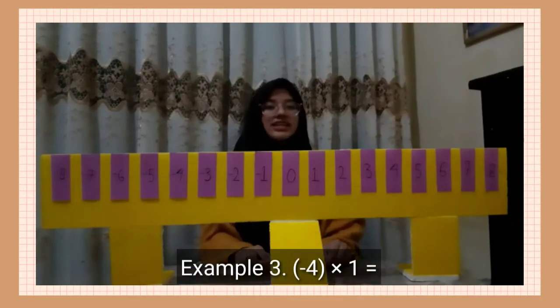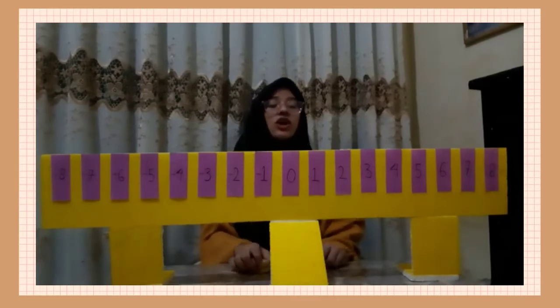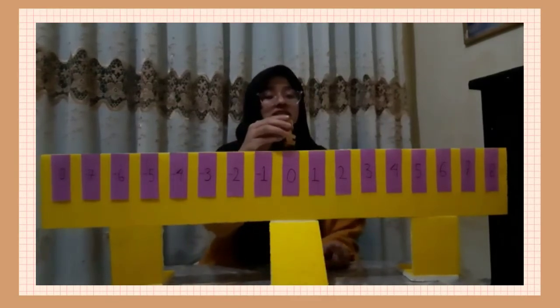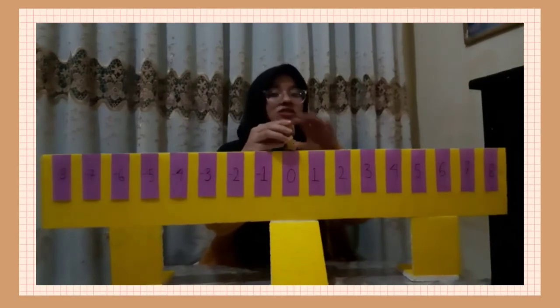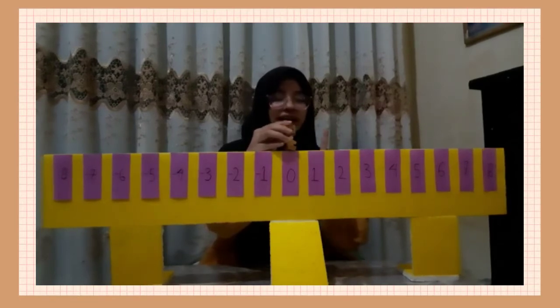Example 3. Negative 4 times 1. Because the multiplicand is a positive integer, the object will stand right at the 0 position and face to the right. The multiplicator is negative 4 and the multiplicand is 1.